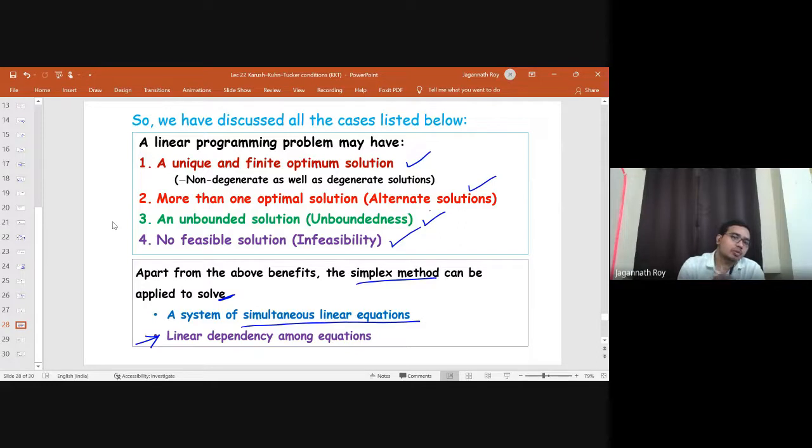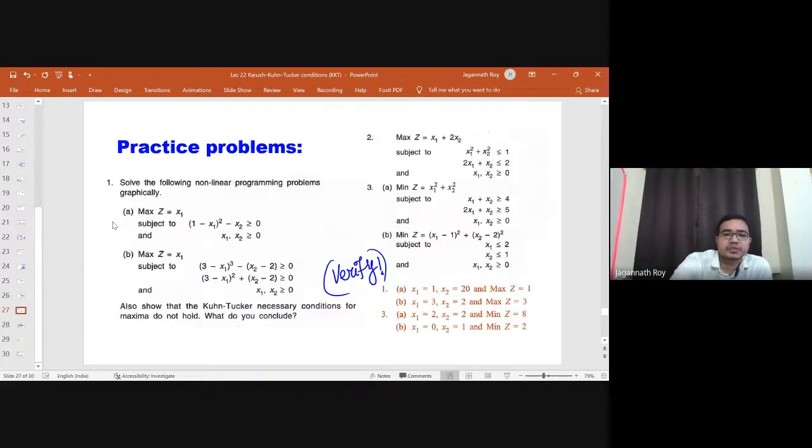Now, why am I going back to the simplex method? Because whenever we discuss quadratic programming, what is a quadratic function? The highest power will be 2, right? Now, if you differentiate this, then it becomes 2x, so the power is 1.